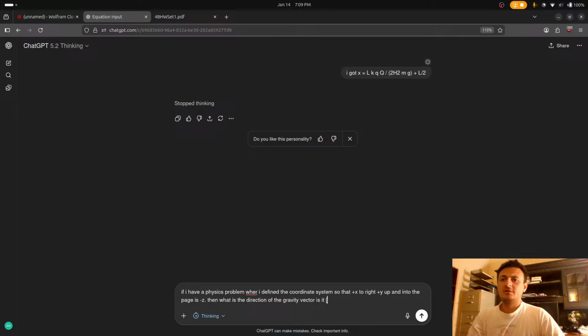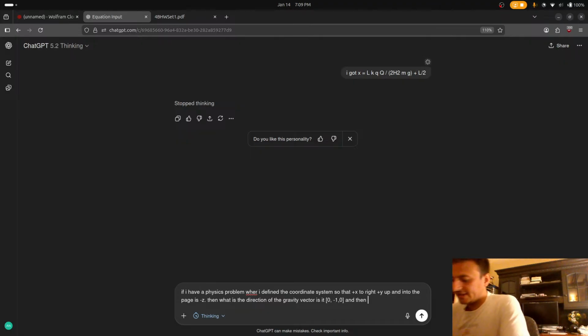then what is the direction of the gravity vector? I think it should be (0, minus 1, 0), because then minus mg.